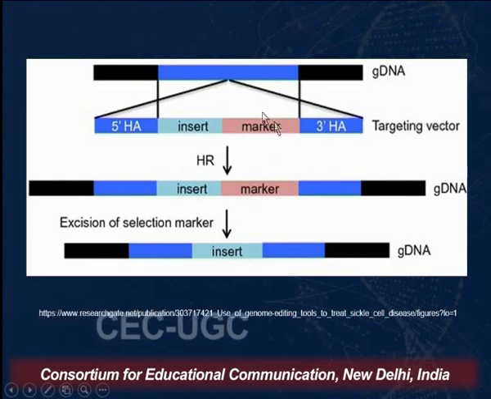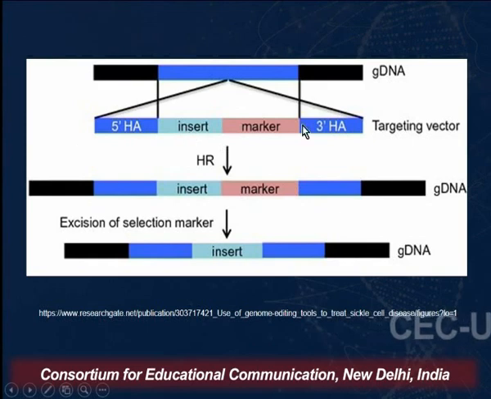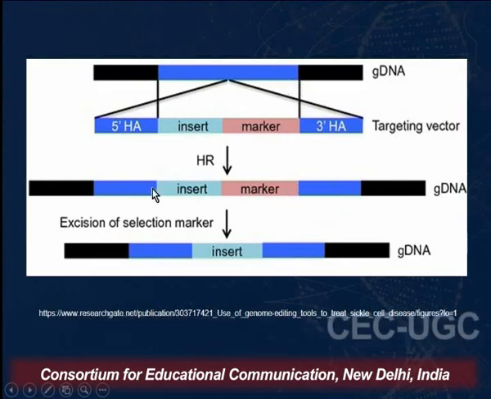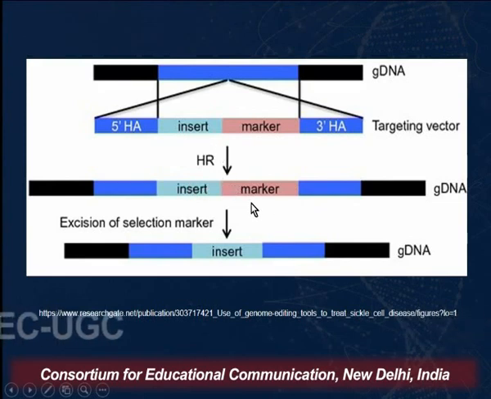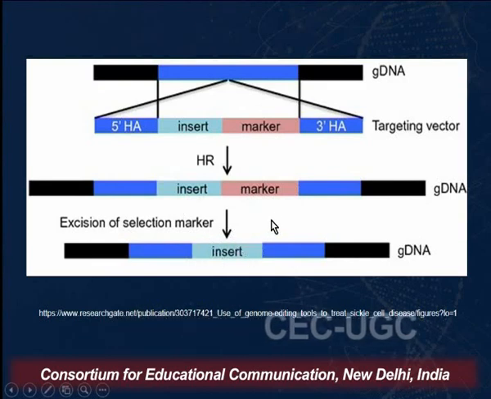They generally do carry a selectable marker as well, and as you can see, it is flanked by the homologous sequences. Now these homologous sequences have certain homology to the genomic DNA, and as you can see here, they have been integrated by homologous recombination, and then in the second round the excision of the selectable marker can take place and then the DNA is inserted.